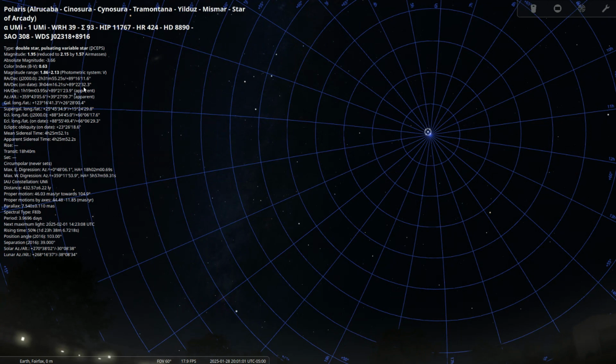But if you wanted to set up a telescope, if you wanted to properly align an equatorial telescope or an equatorial mount, this is important. You cannot center it on Polaris. You actually have to center it slightly off of Polaris's position because it is not, strictly speaking, due north.